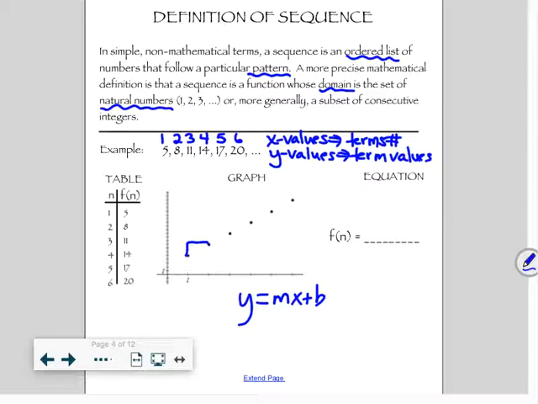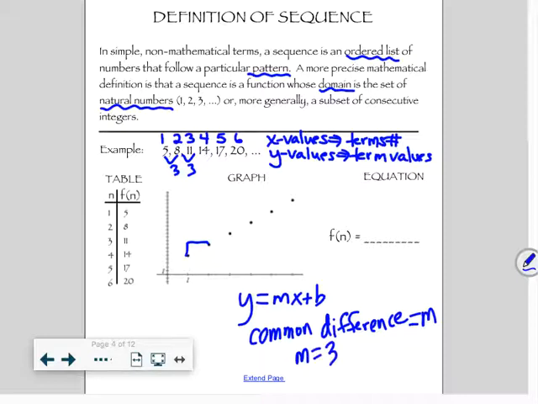How high does it go up between the values? 3. So guess what? The common difference, if it's linear, okay, this is only true for linear. The common difference is the slope. So I now know if they go up by 3, my slope is 3.